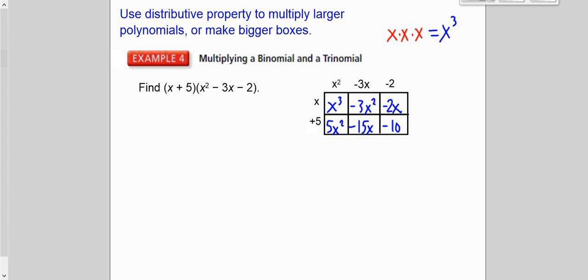Compare your boxes with mine. Then we have to write out our answer.